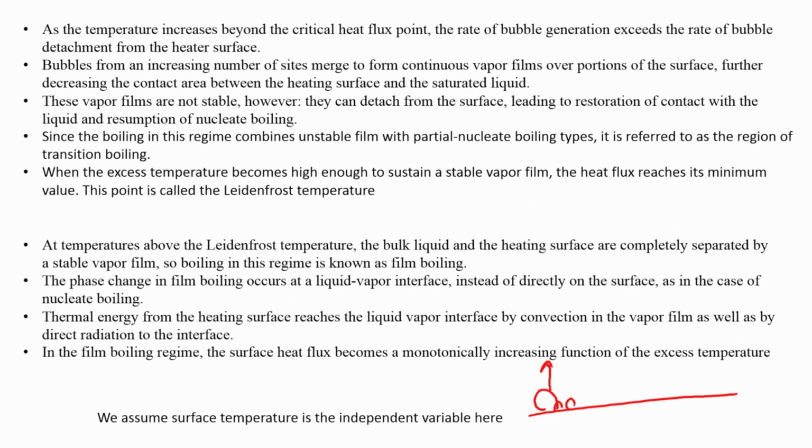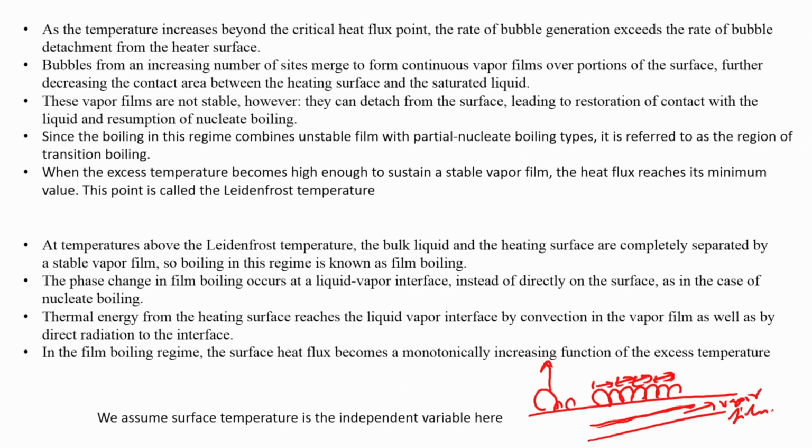So, what happens is that from multiple sites, even before they detach, the bubbles start to form, and they start to coalesce with each other. These bubbles start to cross talk with each other even before they are detaching from the surface. And what they do is that they form a film, like a vapor film, over portions of the surface.